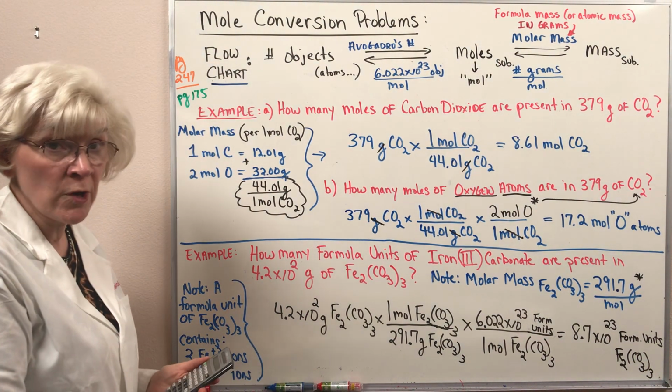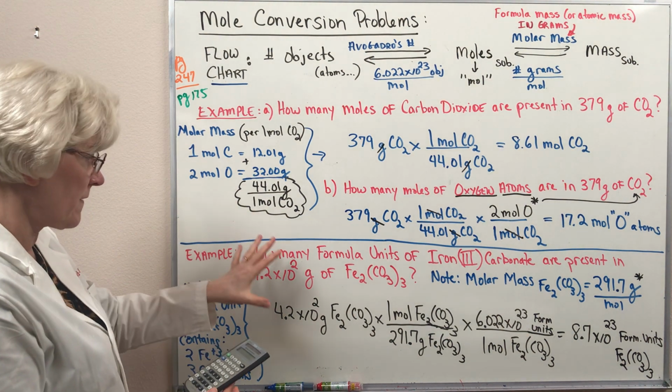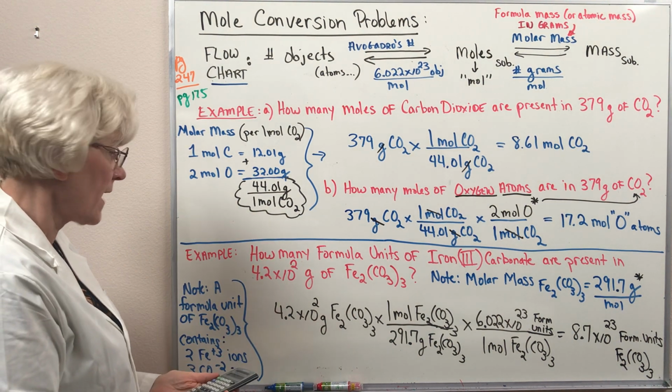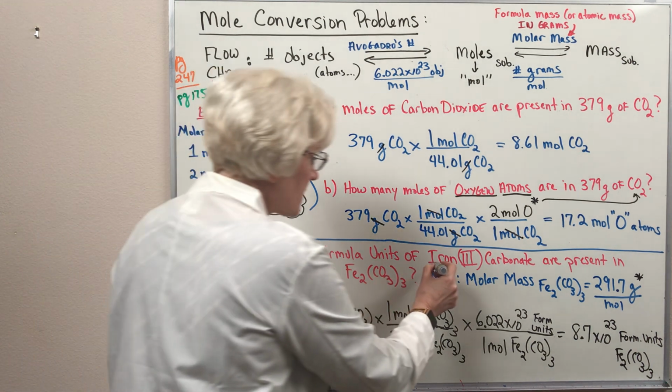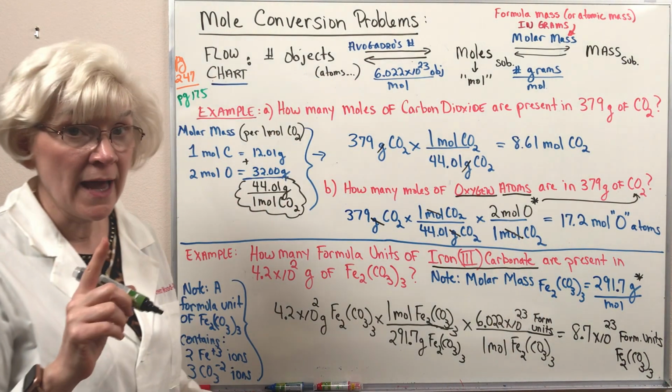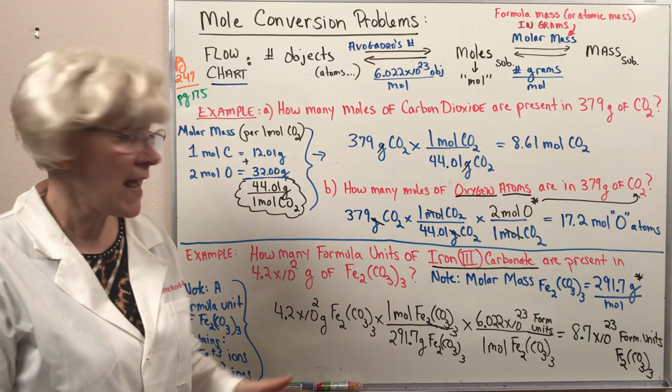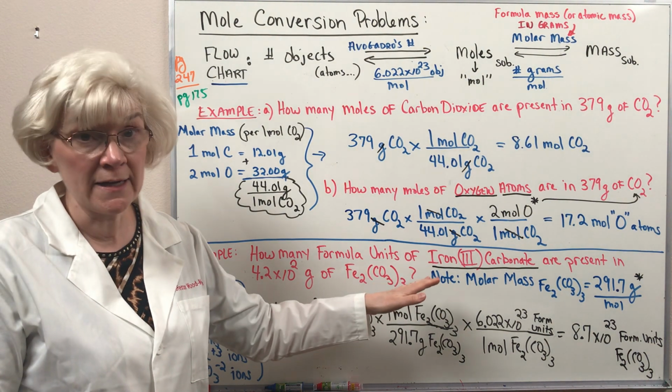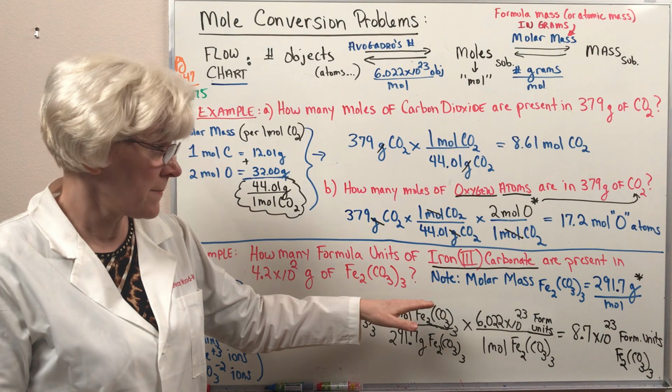Let's do one more example before we finish this clip, and I'm going to use the substance iron 3 carbonate, because I gave iron 3 carbonate as an illustration of how to calculate a formula mass.